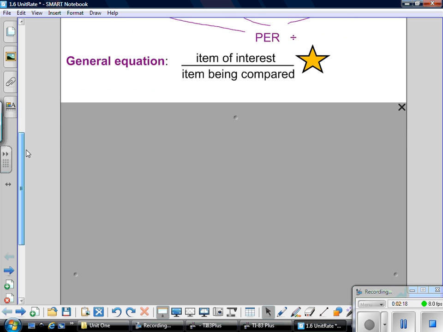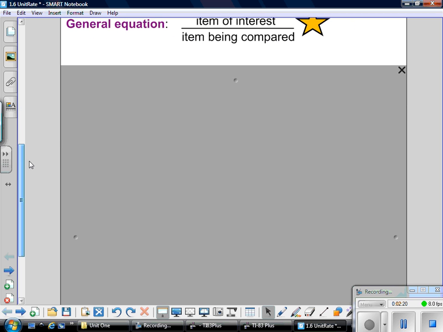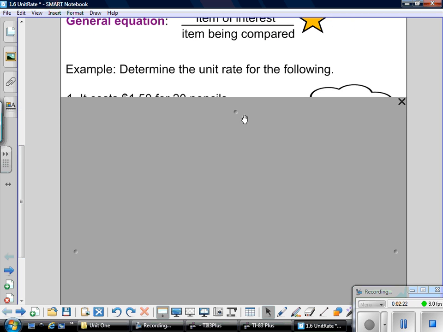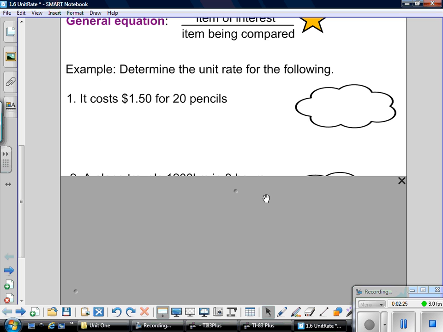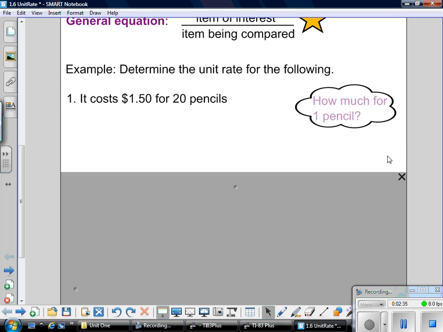So let's take a look at the types of questions that you would be expected to do. First of all, it says, determine the unit rate of the following. The first question: it costs $1.50 for 20 pencils. What am I really interested in there? How much it is going to cost me for one pencil.